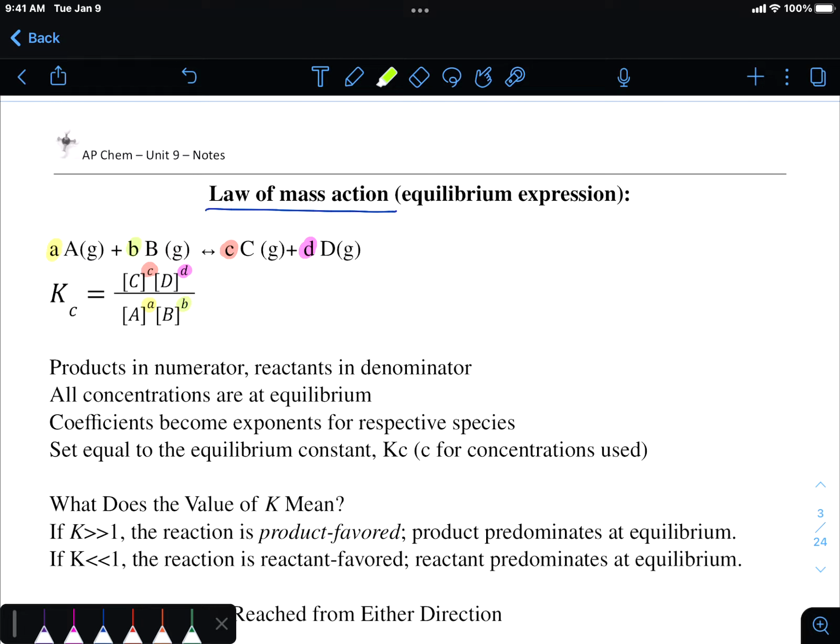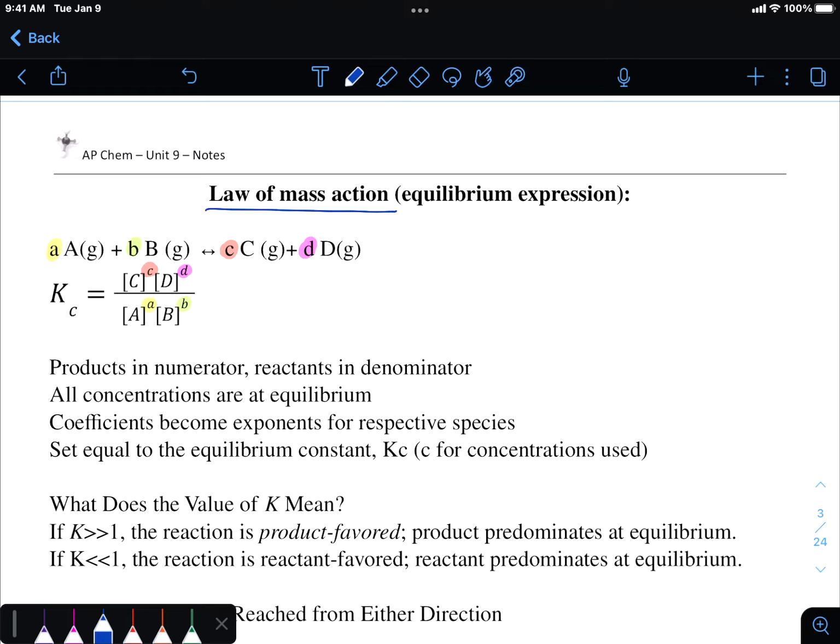Obviously, if it's 1, then you don't need to write the exponent of 1. But if there is a coefficient other than 1, then of course it must be written. All right, so that is how we take an equation and set up the expression for the equilibrium constant.